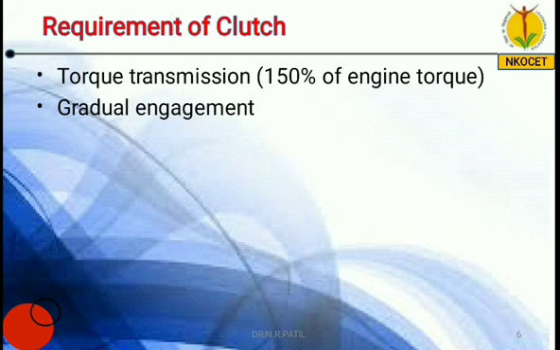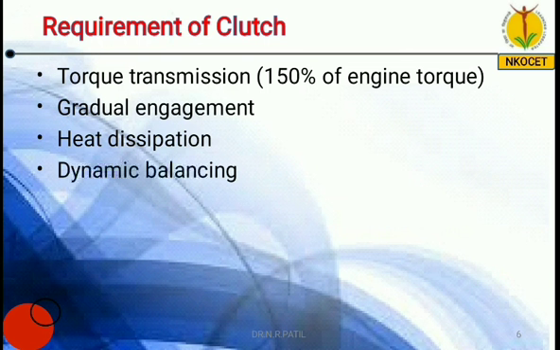Clutch allows gradual engagement of the torque. It means there are no jerks. Heat dissipation. You know friends, when there is friction, there is heat generation, and that's why clutch should be designed in such a way that the heat is dissipated easily to the atmosphere. So this is the third requirement. If the heat is not dissipated to the atmosphere, friends, the friction liner will burn out.